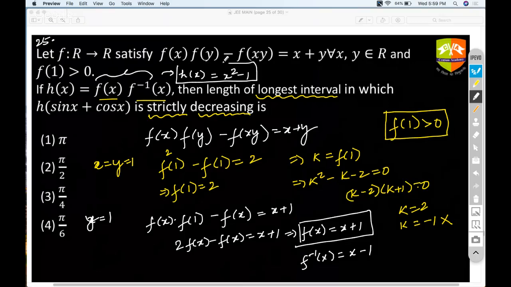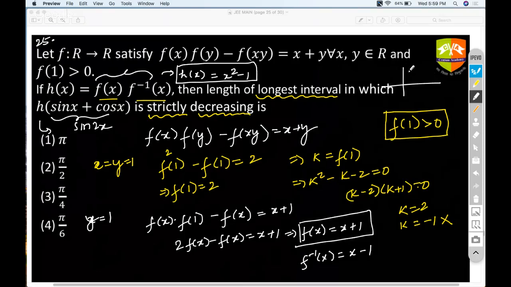This is something which is important. Now in this function, if you put your x itself as sine x plus cos x, this will give you sine x plus cos x whole square minus 1, and I can actually write that as sine of 2x. Correct? Now they're asking you which is the longest interval in which sine 2x is decreasing.